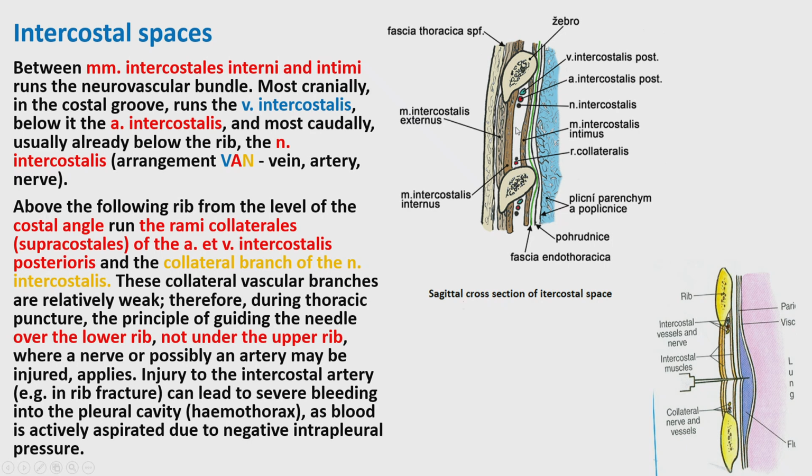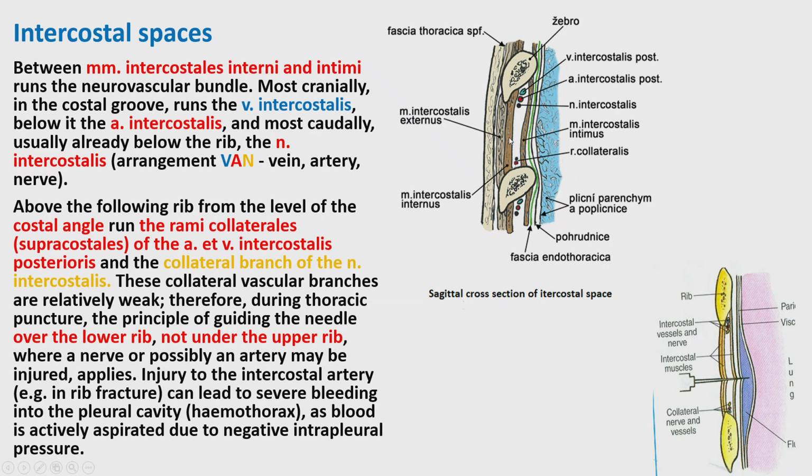But the vascular bundle that you have here is located between just two of them: the internal intercostal muscle and the innermost intercostal muscle.